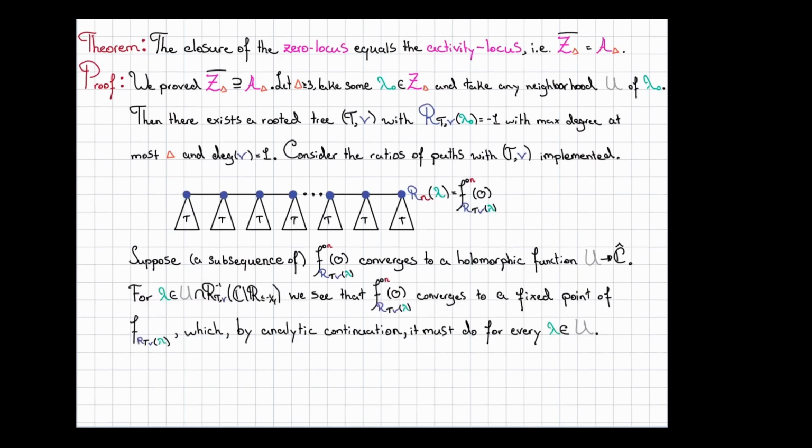But the ratio is -1 at lambda 0, and this ratio is some rational function.